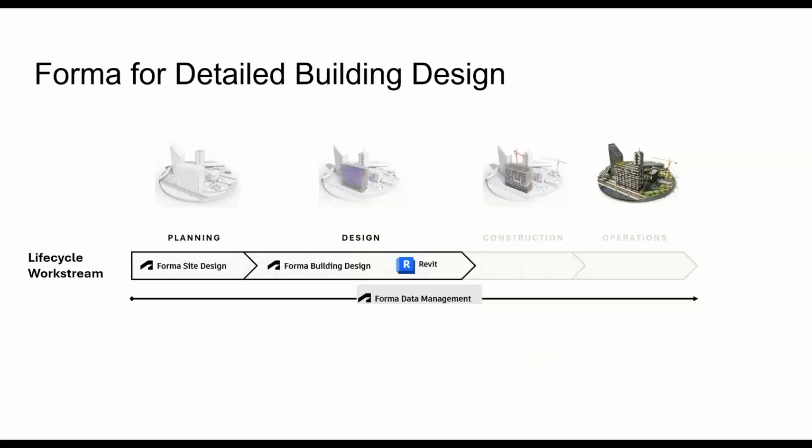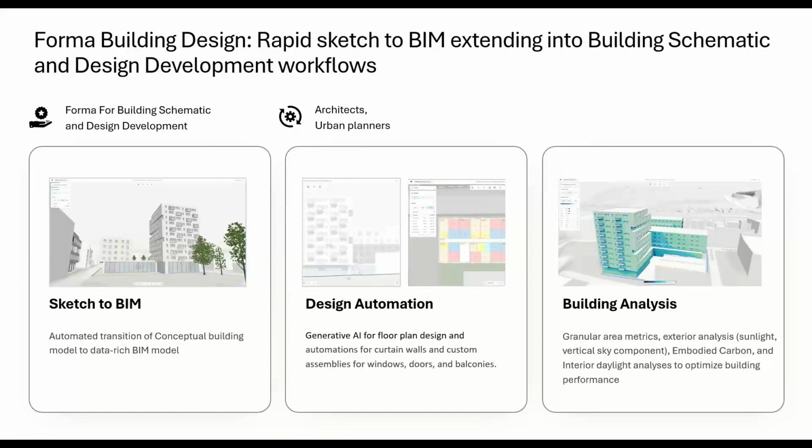This is where Forma Building Design will come in handy. There is a web page where you can sign in or sign up for beta testing. Again, this product hasn't been released yet, but it is expected to be released pretty soon.